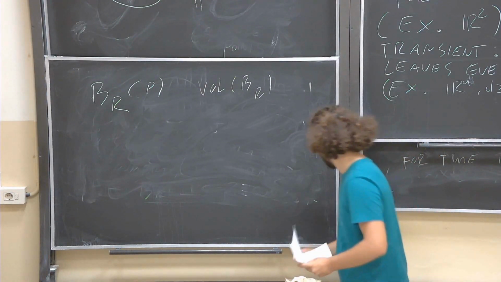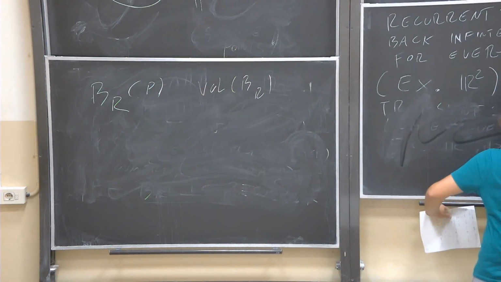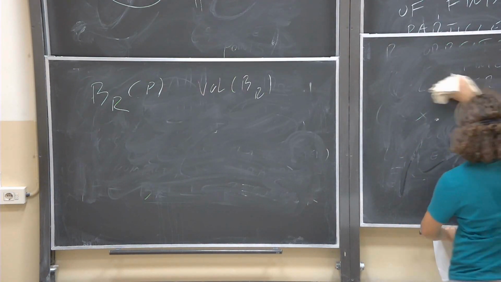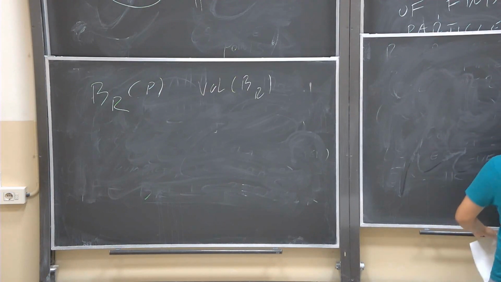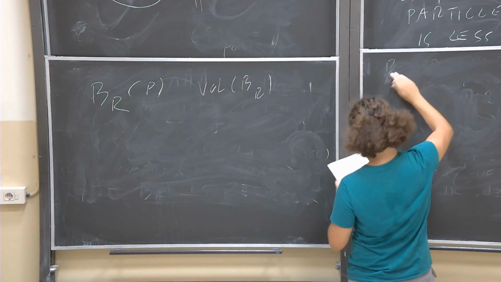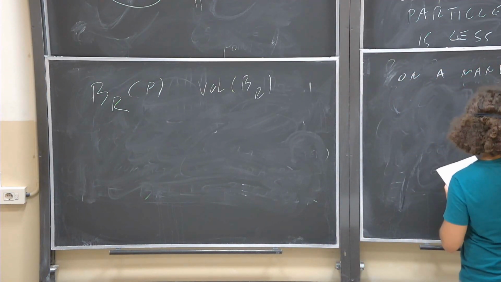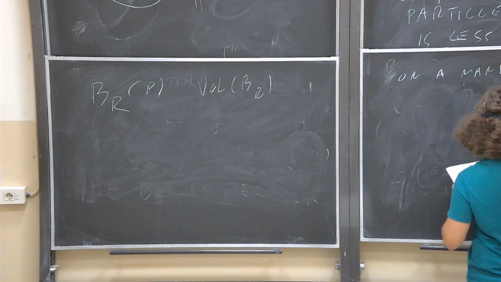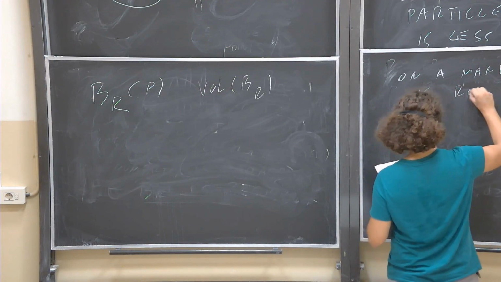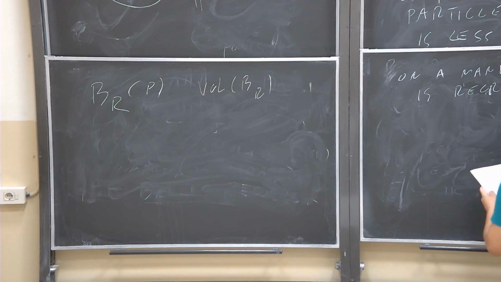So on any manifold M, Brownian motion is recurrent if this condition is satisfied.